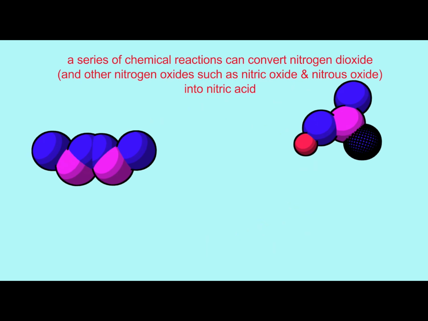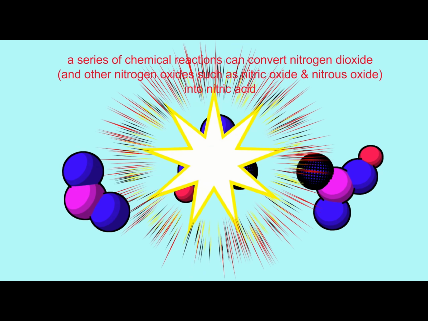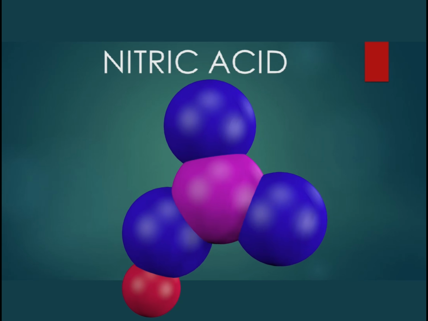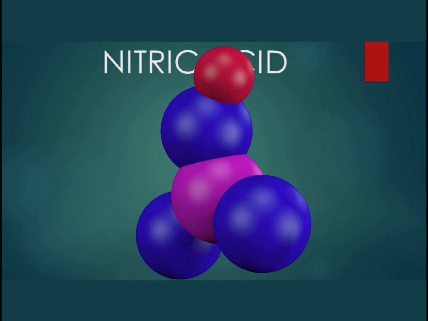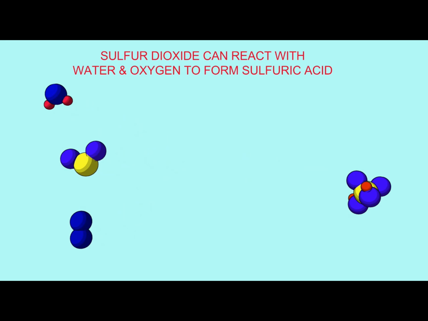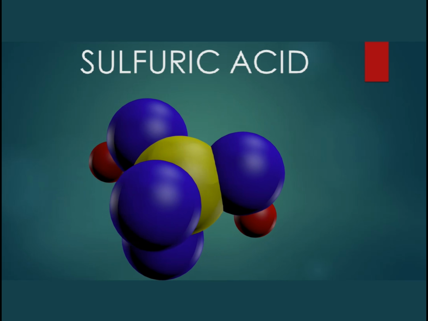So, in this example, the nitrogen dioxide from car exhaust can combine with water to produce nitric acid, and the sulfur dioxide produced from the burning of coal can combine with water to produce sulfuric acid. Both of these in solution will add hydrogen ions to the solution and thus be acidic.